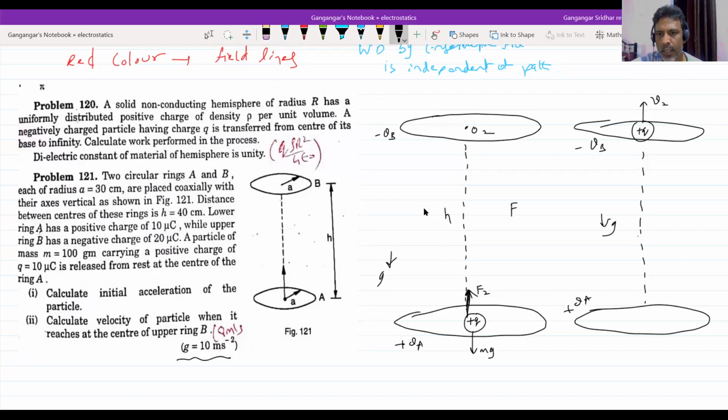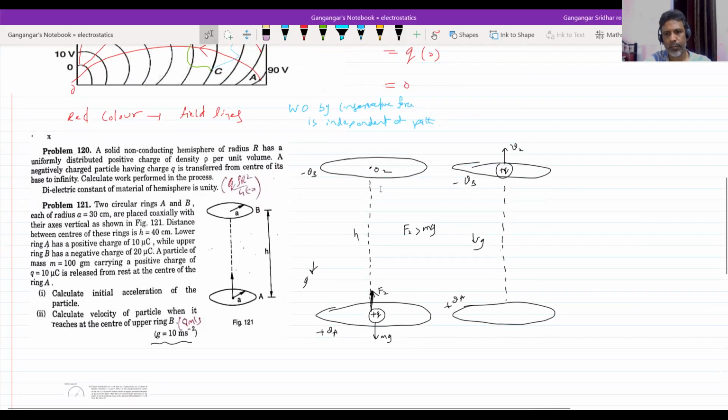Here definitely F2 is greater than mg. In option 1 you work out here. Acceleration should be F2 minus mg, you can write it. Now how to calculate the acceleration part? Acceleration a is equal to F2 minus mg by m.